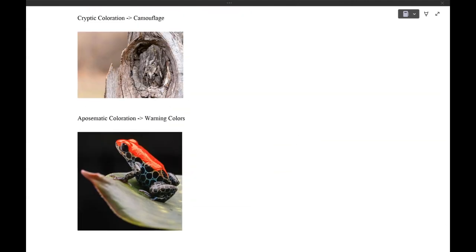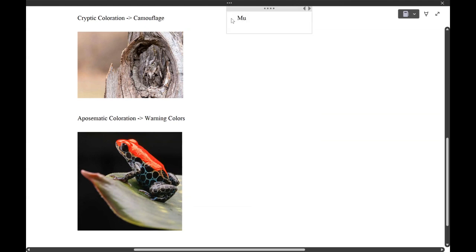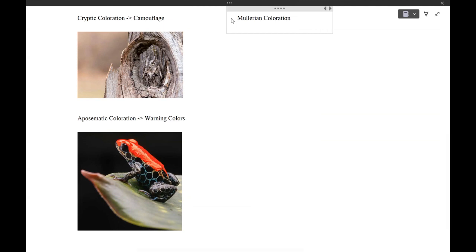And then you also have another type. It's called Mullerian coloration. Mullerian coloration means you have a species that is typically poisonous, but just not fatal. So, if a predator eats them, the predator is going to experience some very nasty side effects.